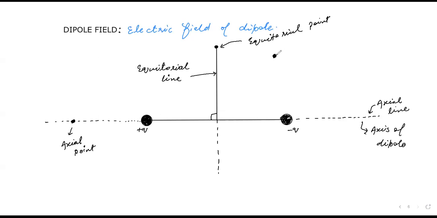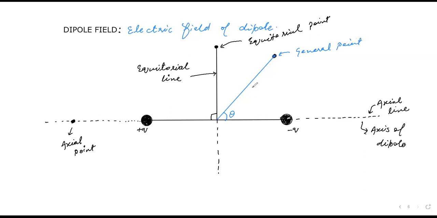When you join this point from the origin, the angle between them is theta. This point is neither on the axial line nor on the equatorial line, so this point is said to be the general point.